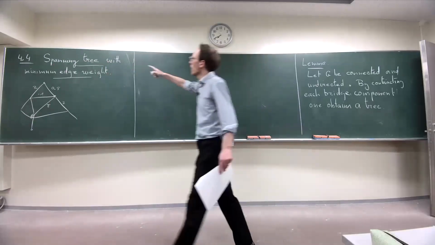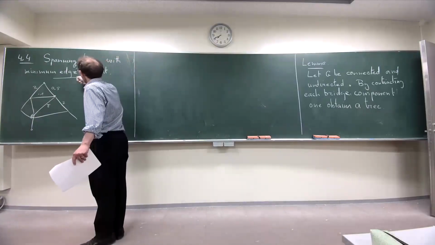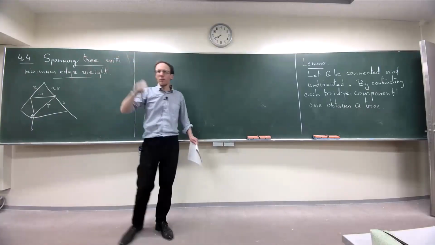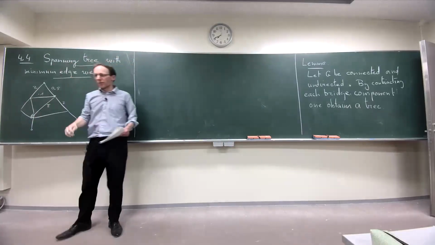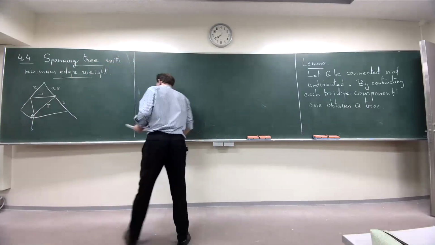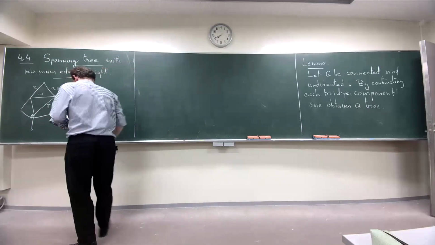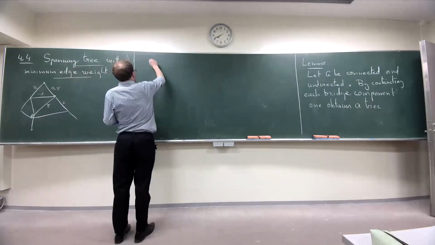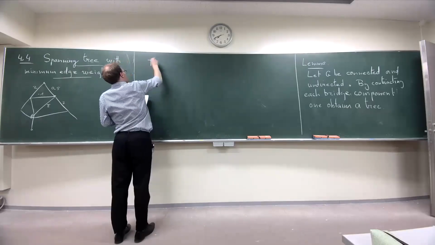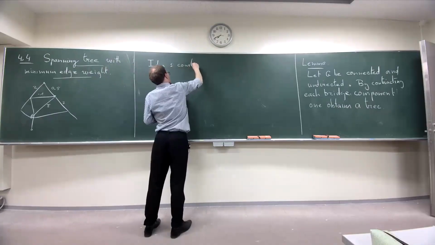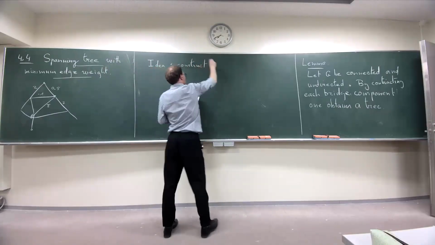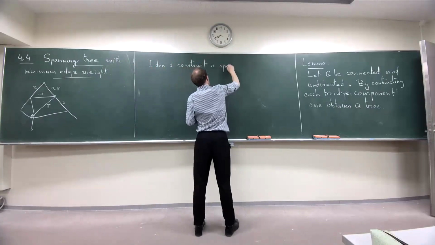This is the idea of a spanning tree with a minimum edge weight. So how can I minimize this total, the sum of the weights on the tree? This is the idea. This is a simple problem at the beginning: construct a spanning tree.